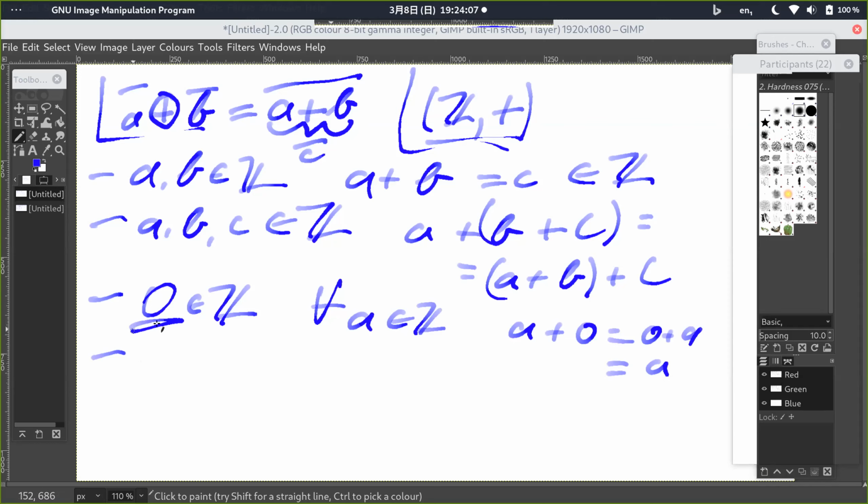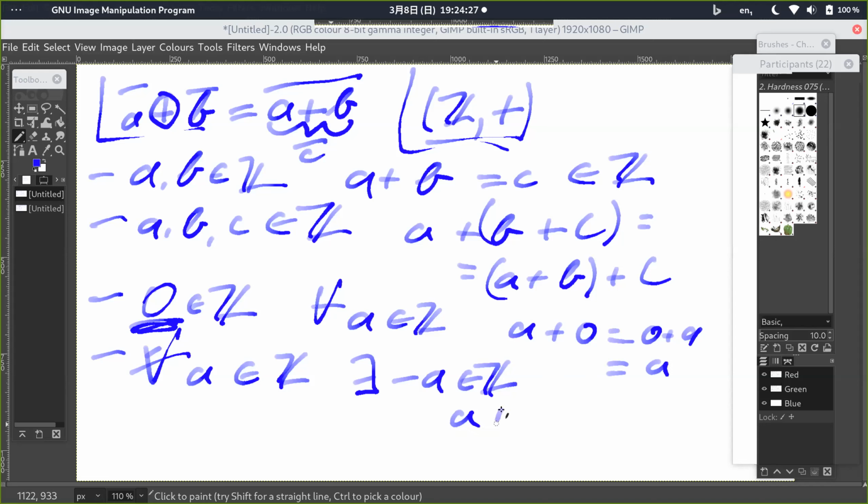If we know that this is the neutral element, we can define the inverse of every element. So for every element A in Z, there exists minus A, which is also in Z. And this is the important part, that it's also in Z, in such a way that if we combine A and minus A, we get the neutral element, which is 0.